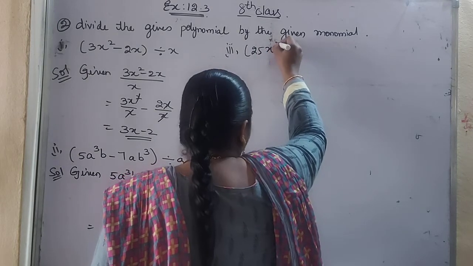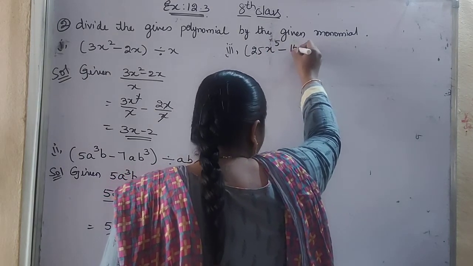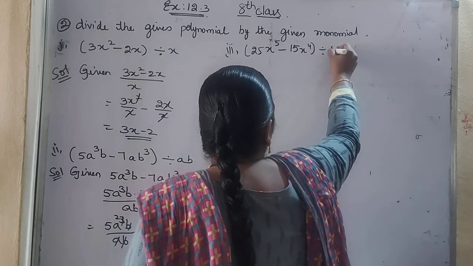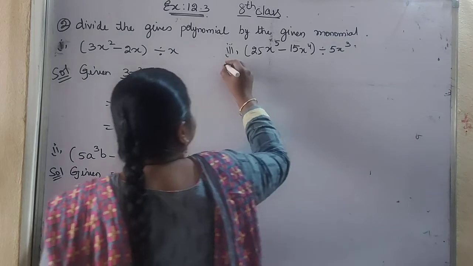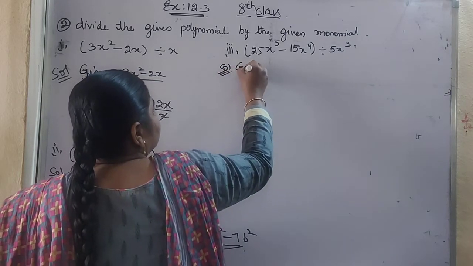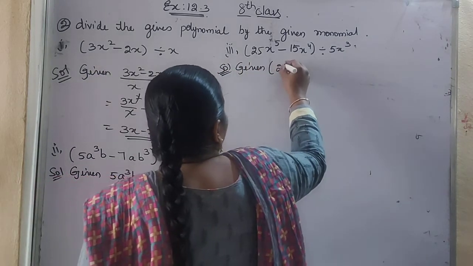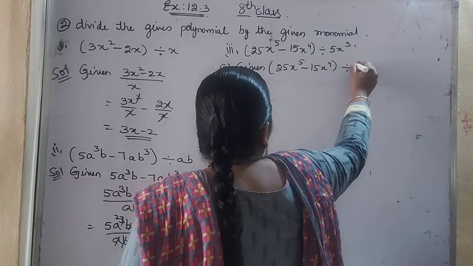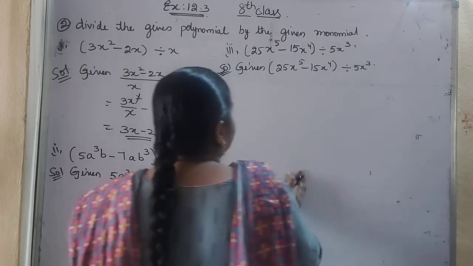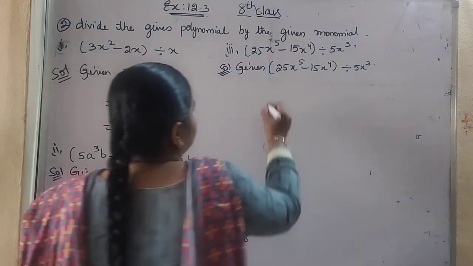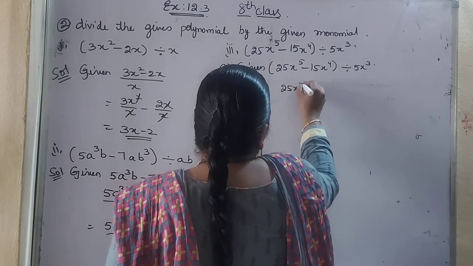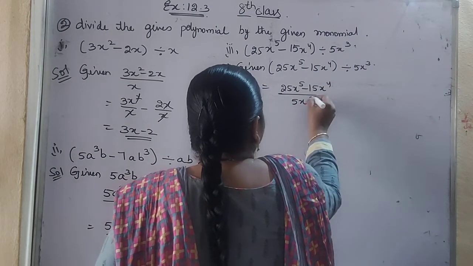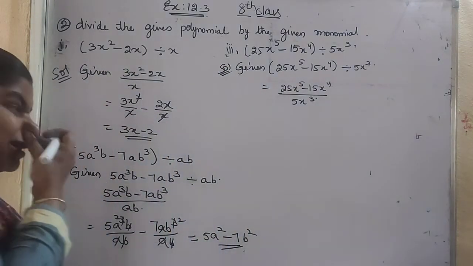25 x power 5 minus 15 x power 4 divided by 5x cube. So given 25 x power 5 minus 15 x power 4 divided by 5x cube. Now we have to divide this. Now split the terms.